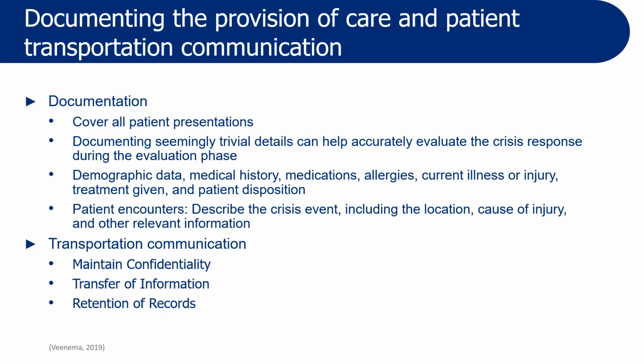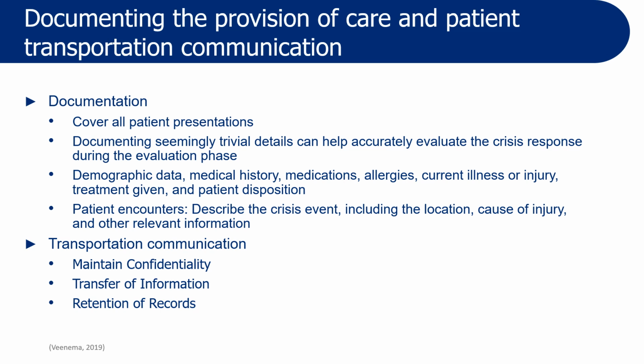For documenting the provision of care and patient transportation communication in the event of a large-scale emergency, it is crucial to document the care provided clearly and concisely. This documentation should cover all patient presentations, and even documenting seemingly trivial details can help accurately evaluate the crisis response during the later evaluation phase.